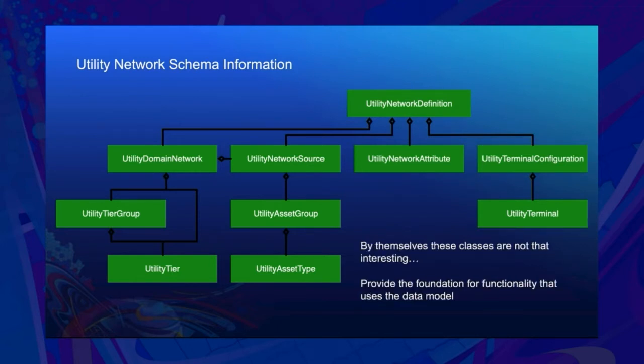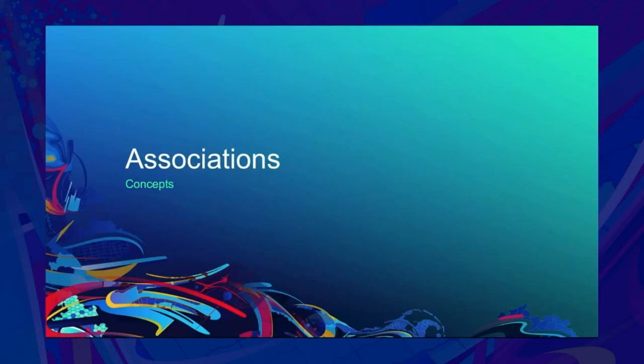By themselves, these classes aren't that interesting. What I mean by that is you could write a runtime app that displays on the screen the schema of a utility network, but more likely you're going to be using these classes to build additional functionality on top of.